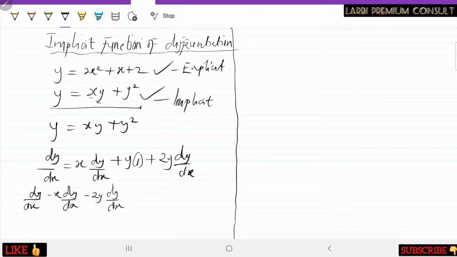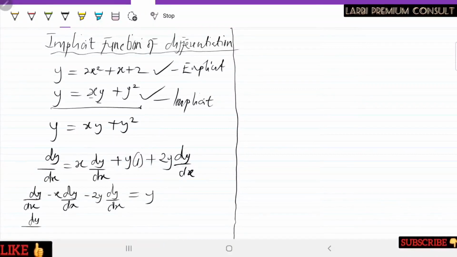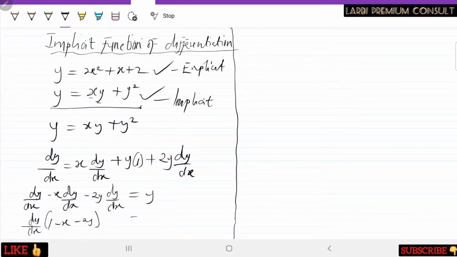Right, then after that I will equate to what? Y. I'm going to do factorization. Is that okay? So here I can say that my dy over dx is going to be 1 minus x minus 2y. Hope that's clear. And that's going to give me what?